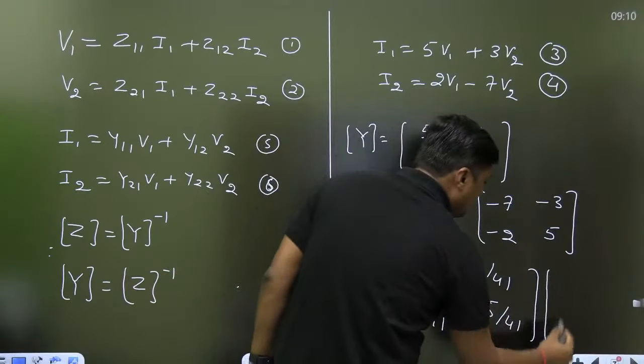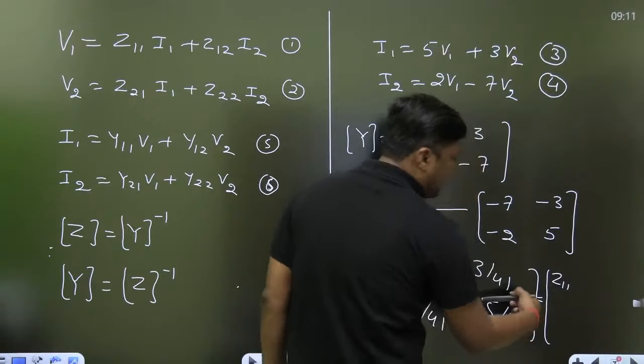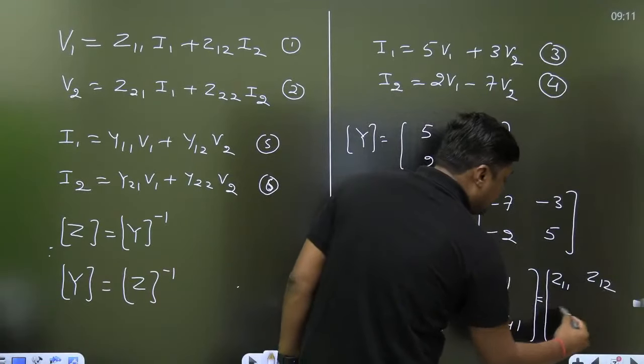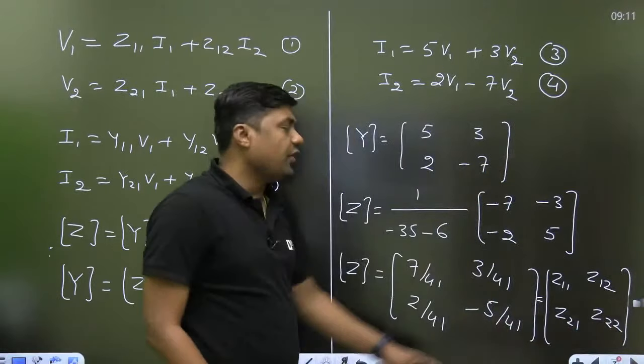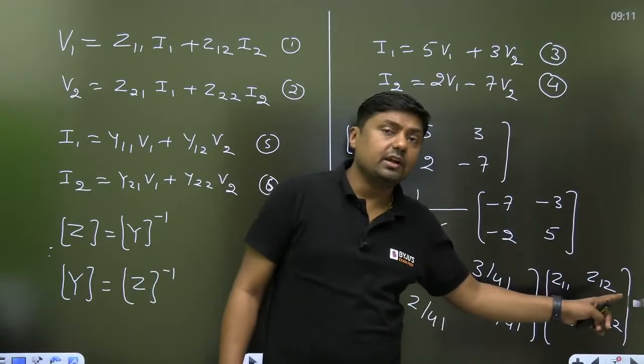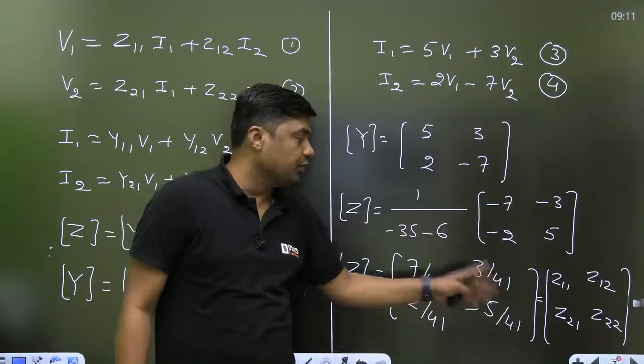And this is nothing but Z11. This is equivalent to Z11, Z12, Z21 and Z22. From this you can find what is the Z12. Z12 is nothing but 3 by 41.